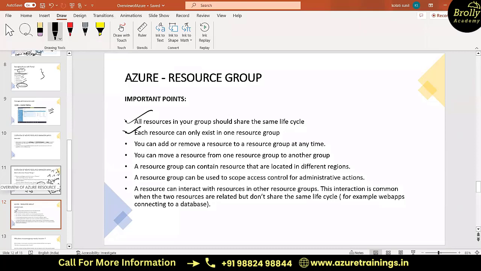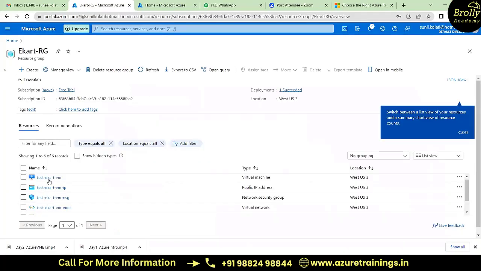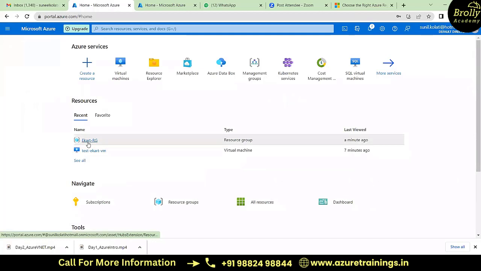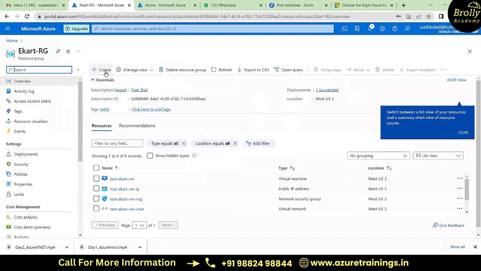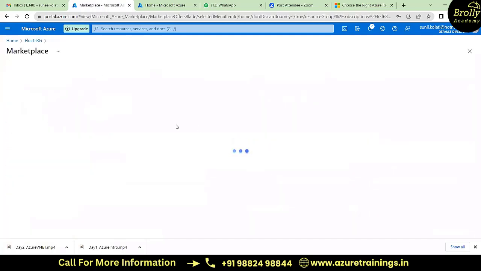And next thing is you can add or remove a resource to a resource group. See, this is the resource group, right? In this resource group, I can add a resource.